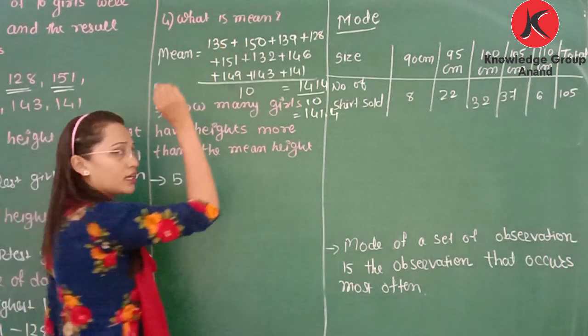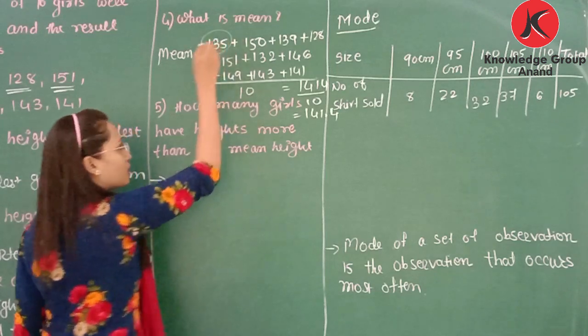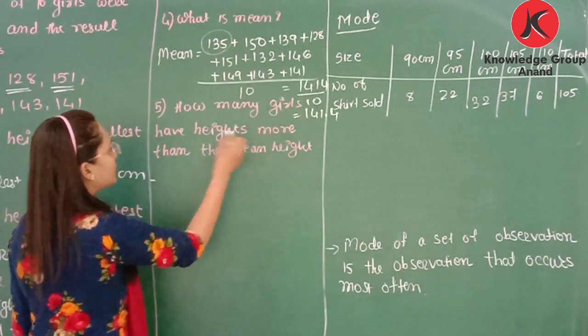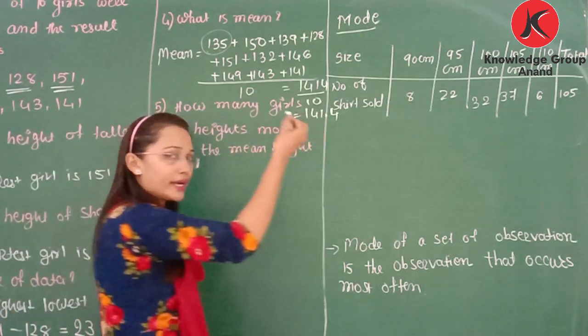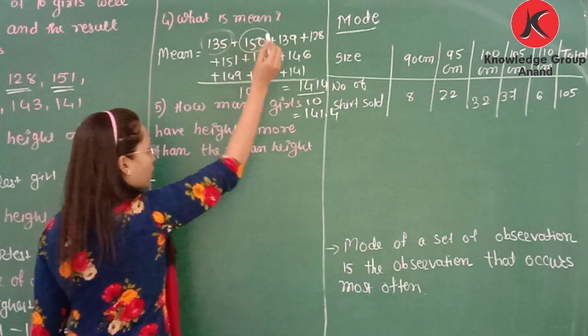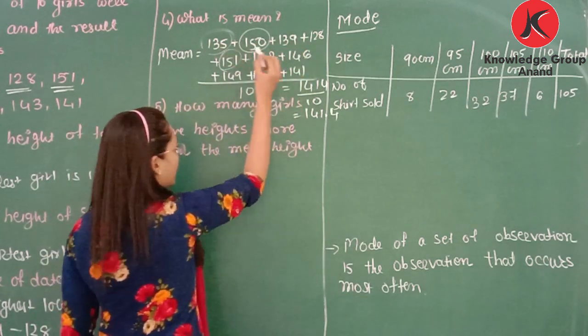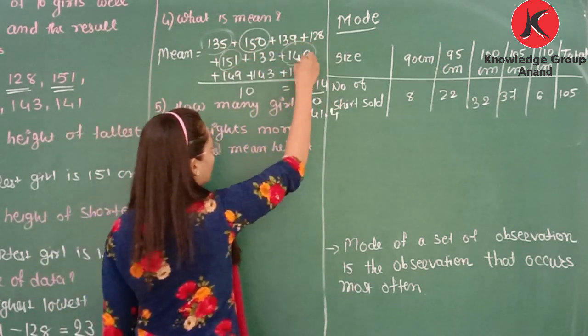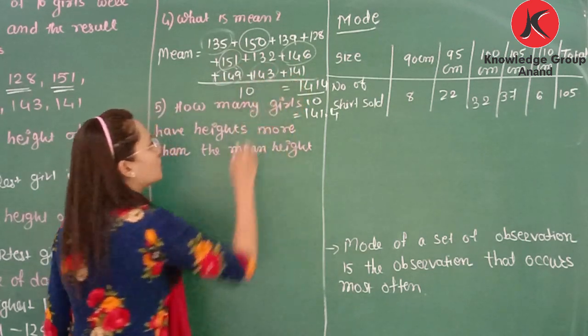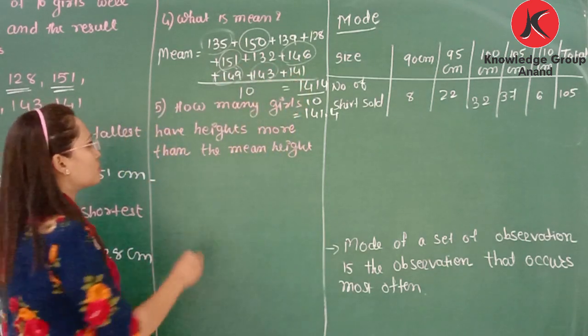If you find it here also, you can see 135. Here we need to find more than, means greater than 141. So it is 151, first, then second, third, fourth, and again 5 girls.